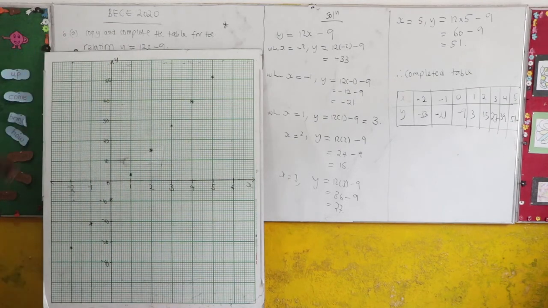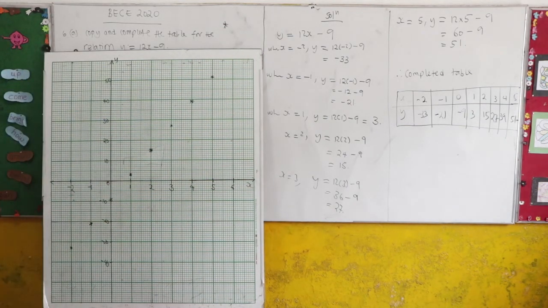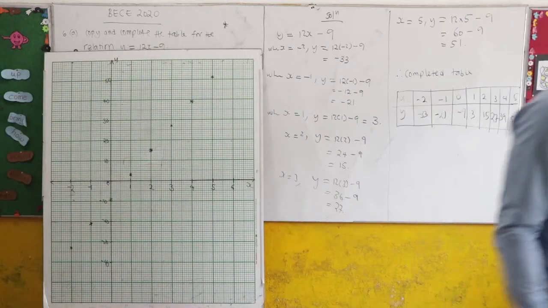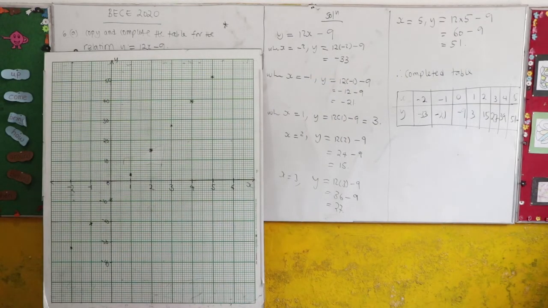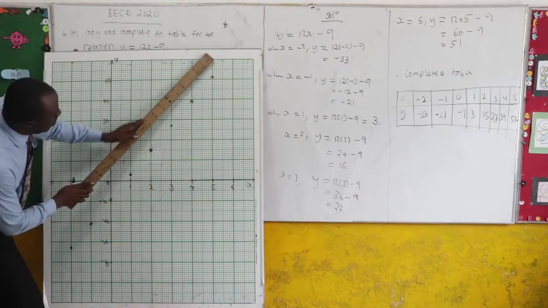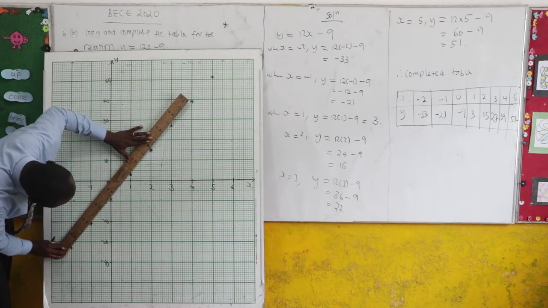So this is the line that we are supposed to draw our straight line through. After it, we take our rule and draw a straight line through it. You can see that we have a nice straight line.